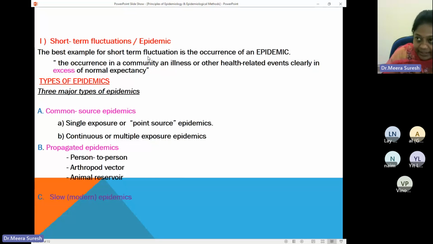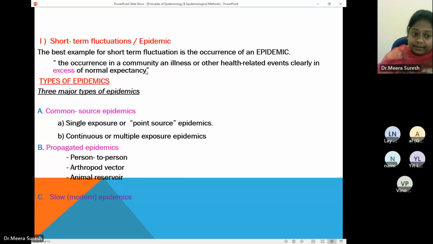If what is usually seen plus 2 standard deviations is exceeded, then that is considered as an epidemic. So it varies actually. Anyway, epidemic is something that is happening in excess of normal expectancy.